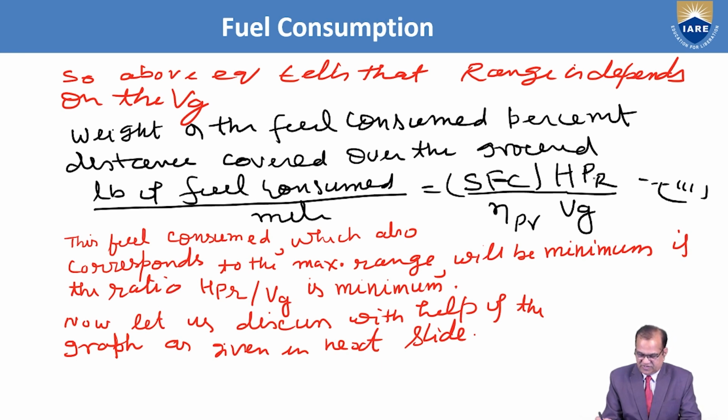Here HPR by Vg is a minimum. Now let us discuss with the help of the graph given in the next slide. So it depends upon the HPR by Vg, meaning fuel consumption is inversely proportional to the Vg.